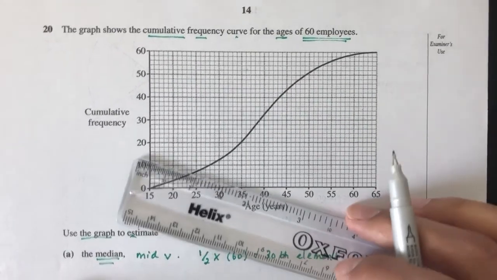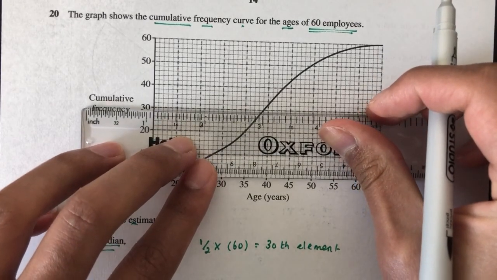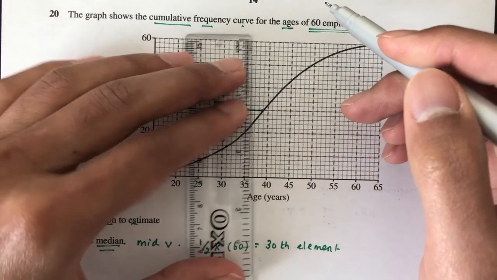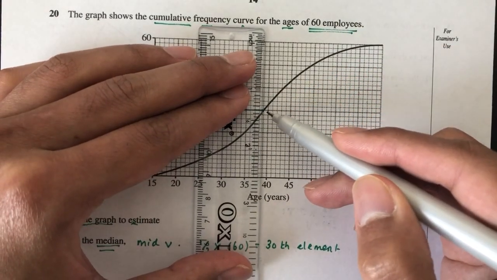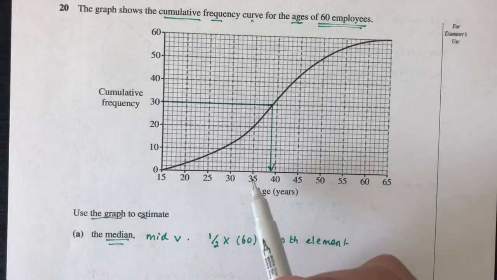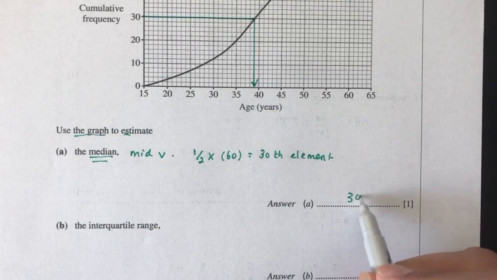So we have to find the 30th element on the graph, which is here. Let's draw a line to cut the graph and find the value of the age. The age will be on this line. So this will be 36, 37, 38, 39. So the age will be 39 years old.